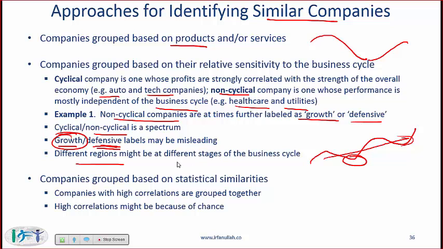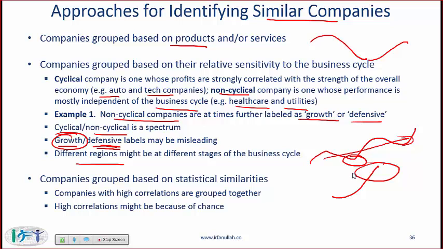Also, different regions might be at different stages of the business cycle. So you might, for example, have a particular company that's categorized as a cyclical company, but in Europe you might currently have a slowdown, whereas in Asia you might have an economy that is booming.